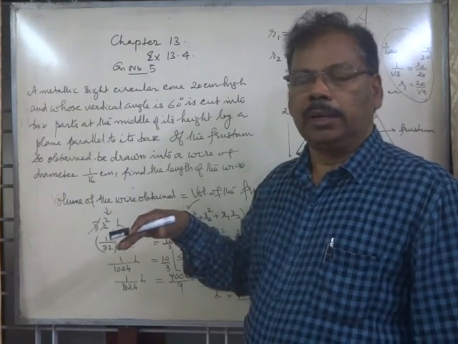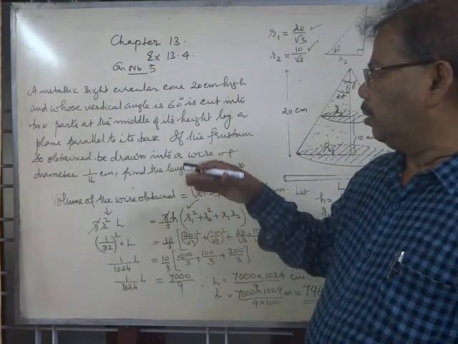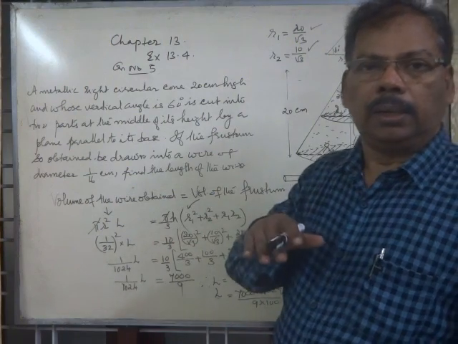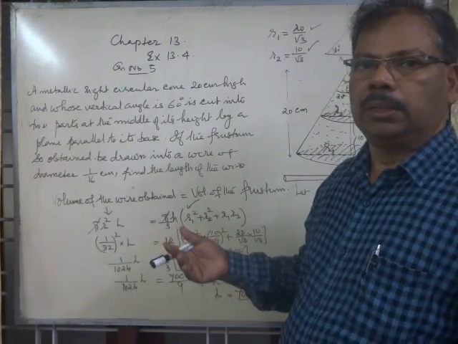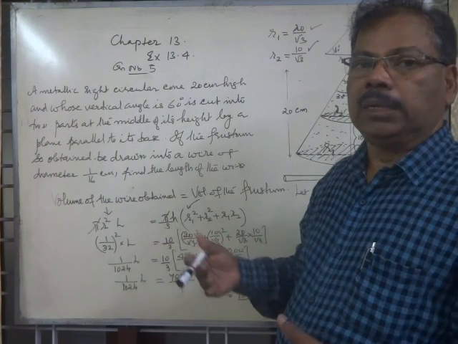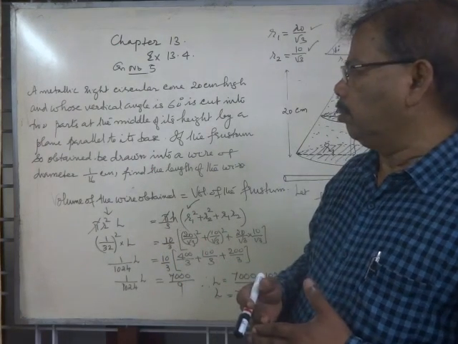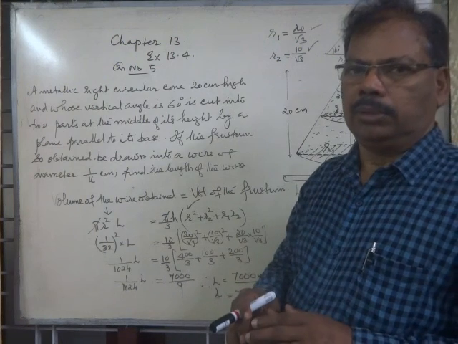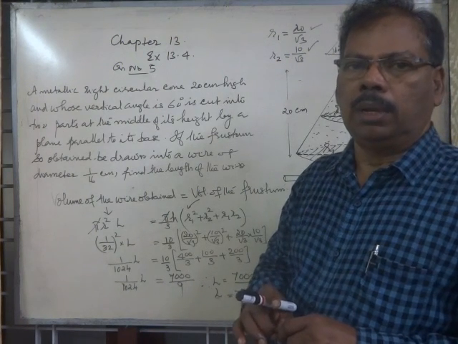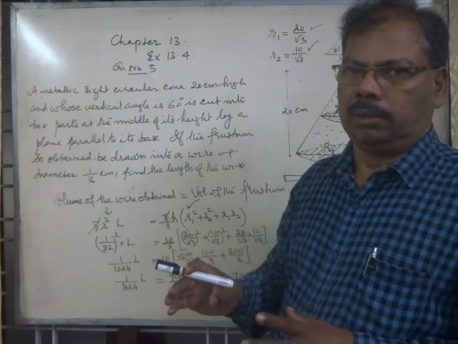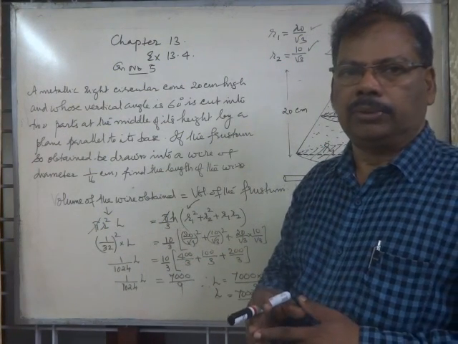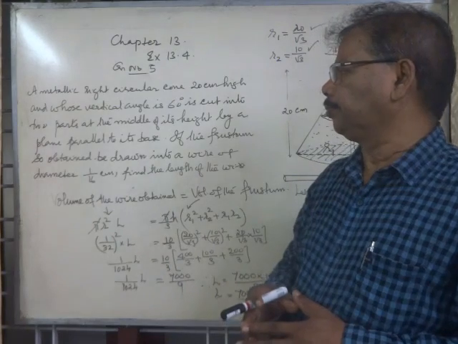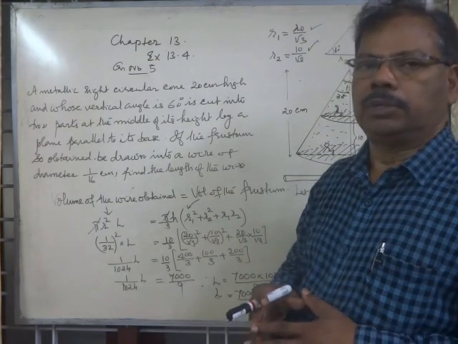And it's done by cutting parallel to the base so that we get a frustum of a cone. That frustum is reshaped into a cylindrical wire and the diameter of the wire is given 1 by 16 centimeter. We have to estimate the length of the wire.